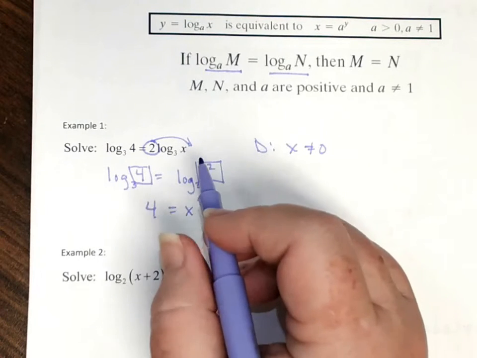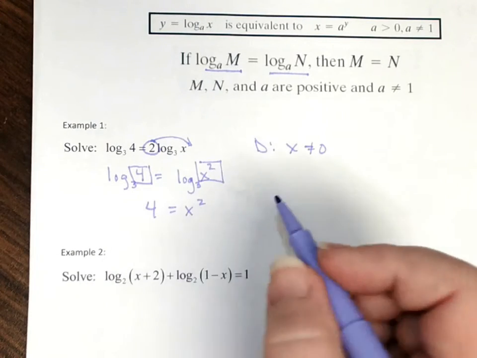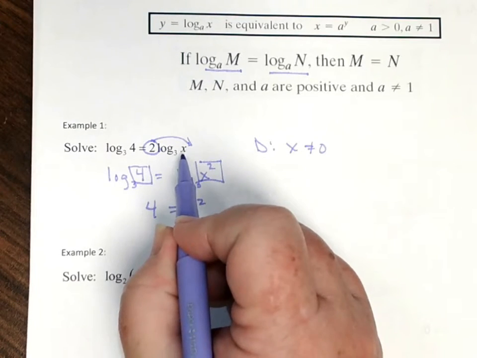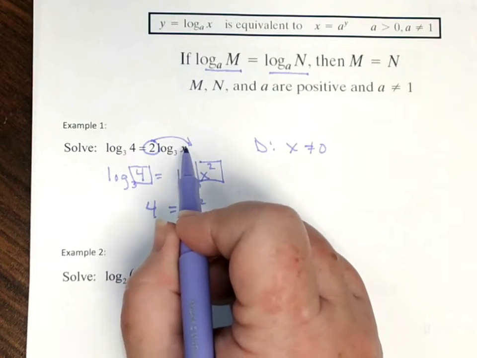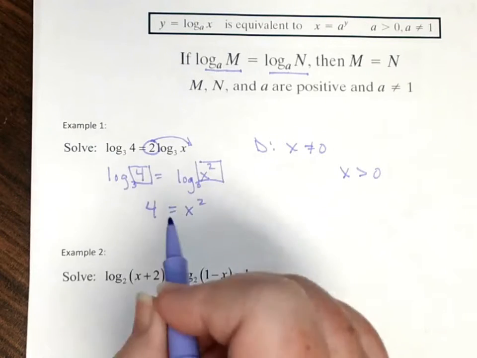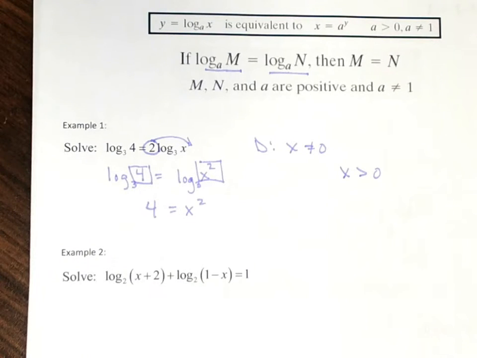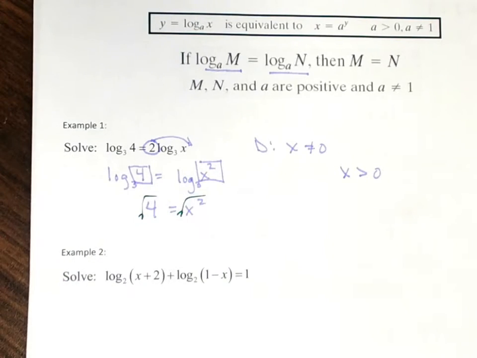But we're going to set this problem up where the original problem was just log base 3 of x, and therefore we're going to say our x has to be positive. Let's take the square root of both sides. We've got the square root of 4 and the square root of x squared.